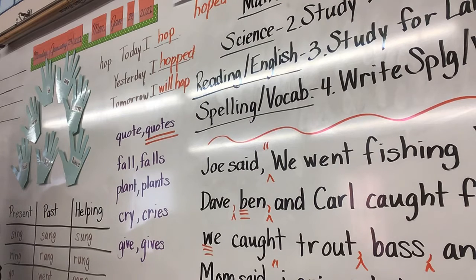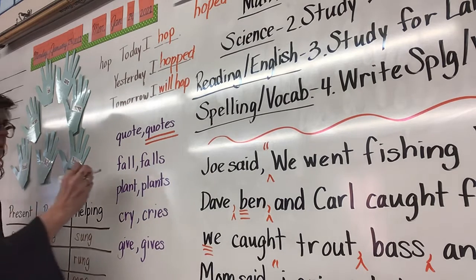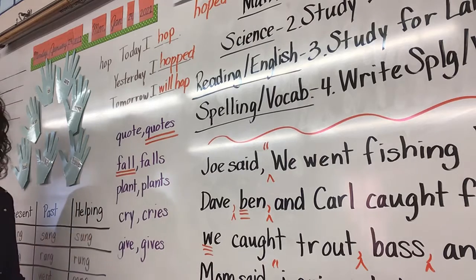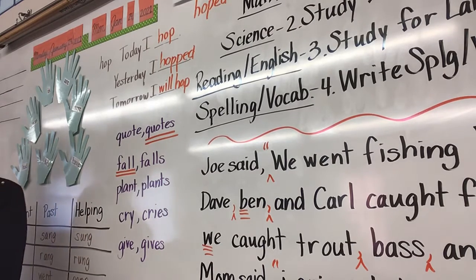All right, the next one says, snowflakes fall or falls very quickly. Don't try to say the answer, let's think it through. Are snowflakes singular or plural? Plural. So we're going to use the one without the S, fall. Very good. Snowflakes fall.